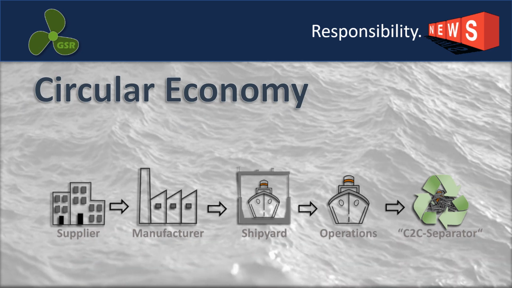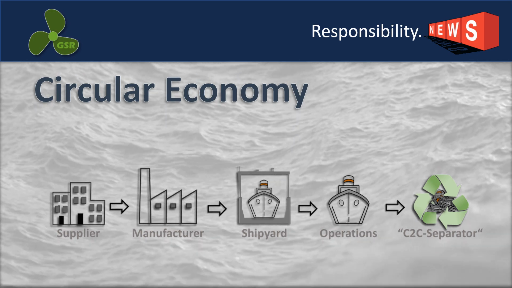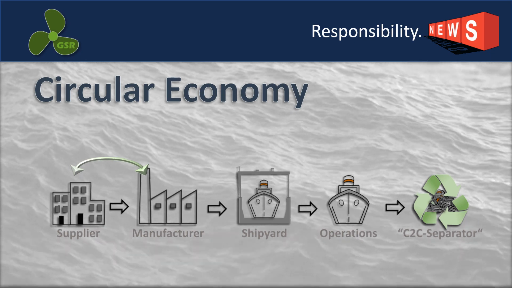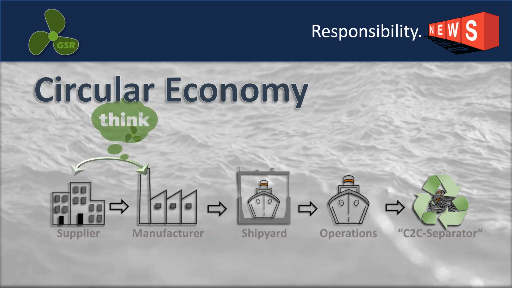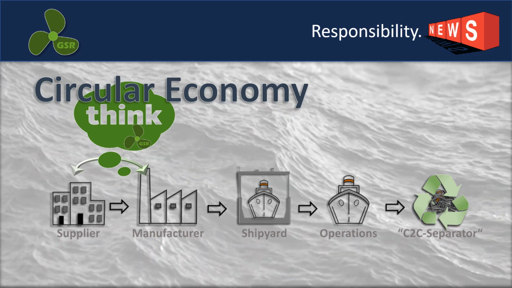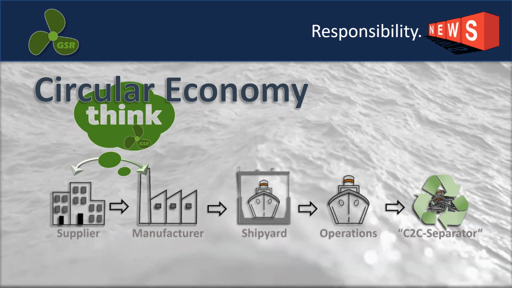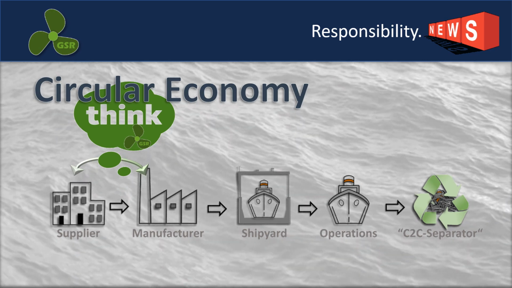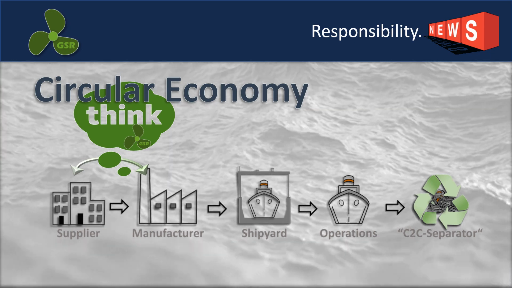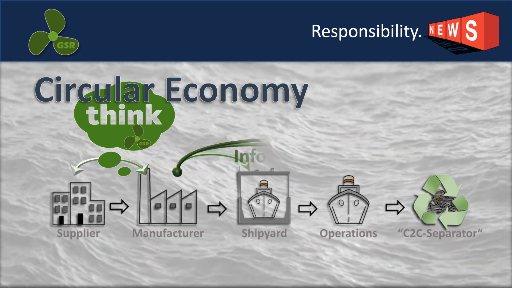So the circular economy means we look at the entire life cycle of a product. The supplier and manufacturer have to exchange a lot of data and have to think about the product design. So once they can avoid the substances of very high concern, or if they don't find a substitute for those, then they have to document it properly. But not only the bad stuff, the hazardous materials or substances of very high concern, also the valuables should be monitored.